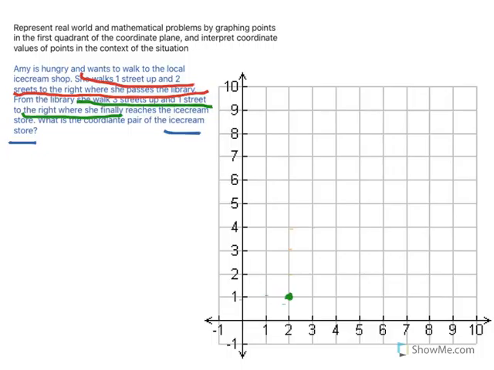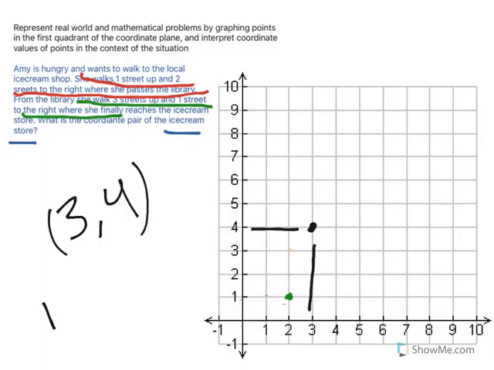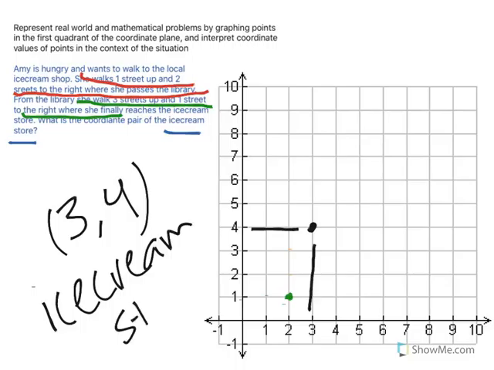So this must be where the ice cream shop is. So we want to look at our coordinate points. We go down, there's 3 on the x-axis. We go to the side, there's 4 on the y-axis. So the coordinate of the ice cream store is (3, 4). Hopefully we got those right.